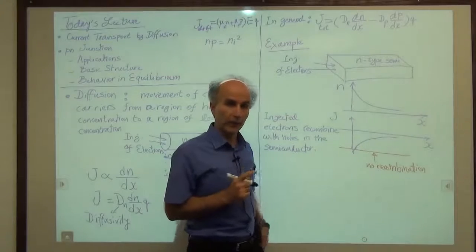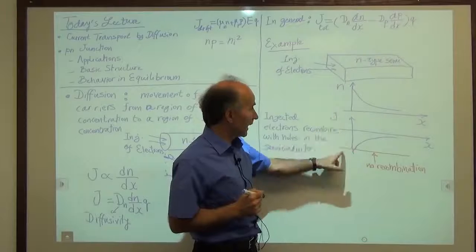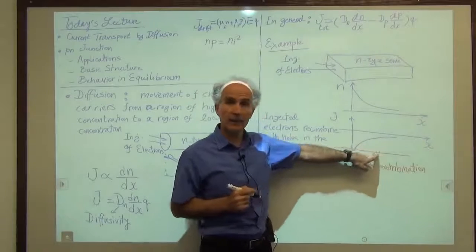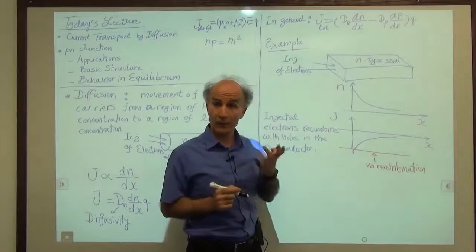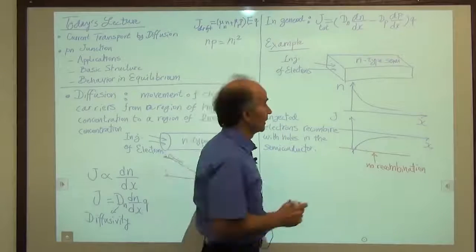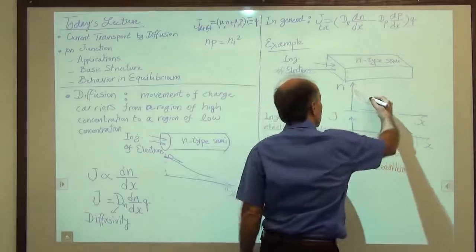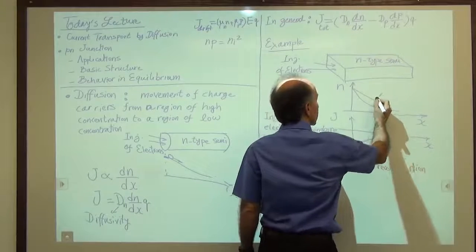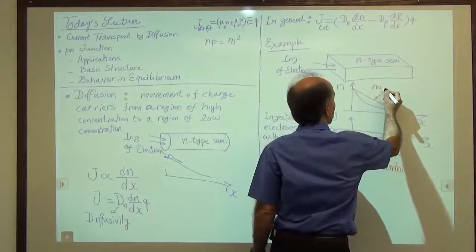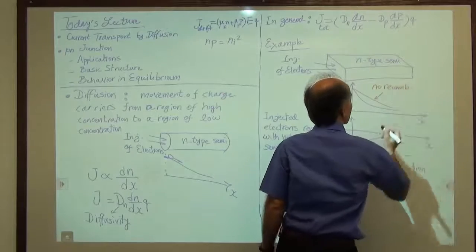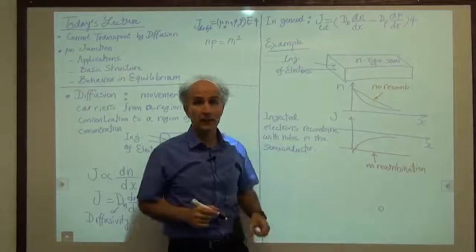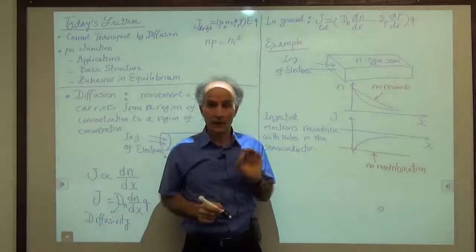Okay, now we work backwards. If J is constant like this, what should N look like? N should be a straight line with a negative slope. So N has to be like this. That is the case of no recombination. So you see that diffusion still occurs.